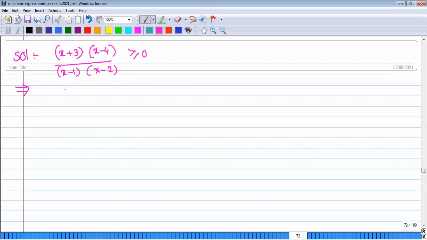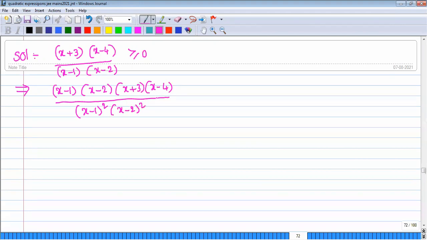So now this can be written as (x minus 1)(x minus 2)(x plus 3)(x minus 4) upon (x minus 1) whole square (x minus 2) whole square less than or equal to 0.